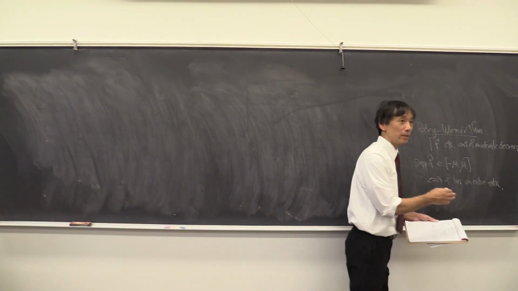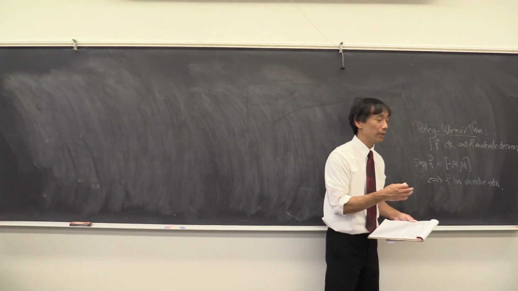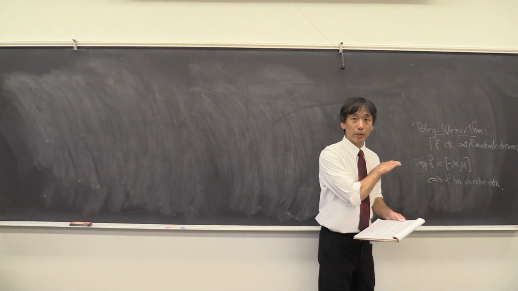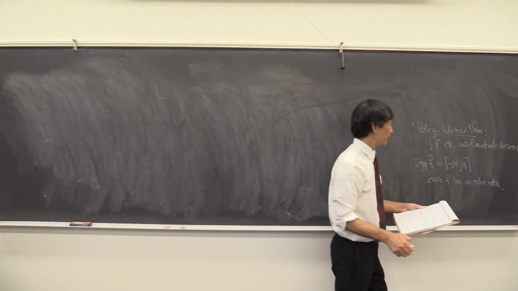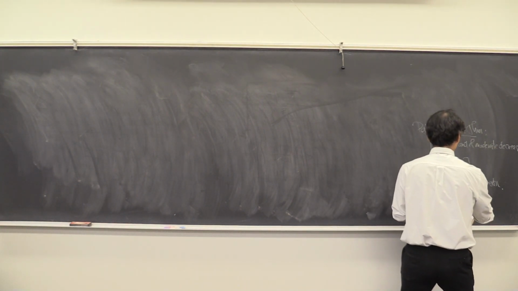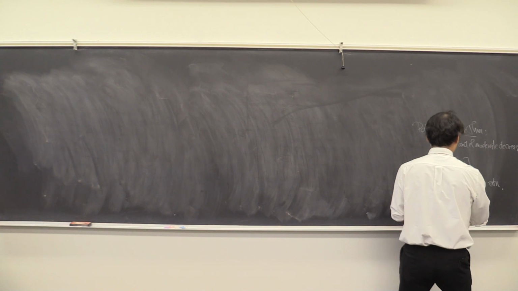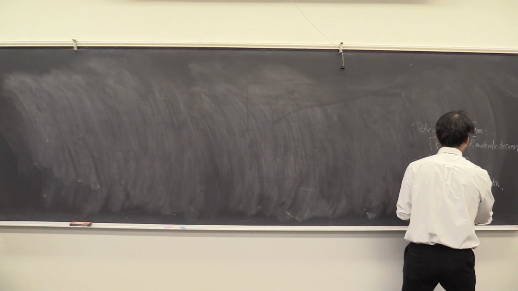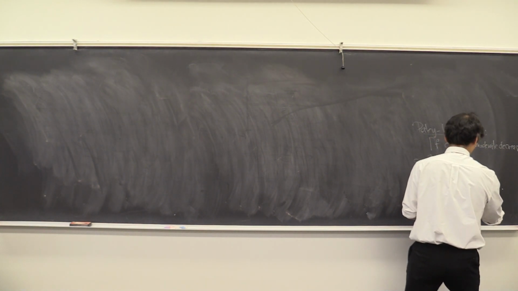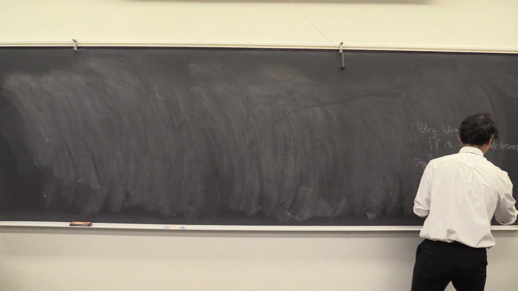It can be extended to the complex plane so that it's holomorphic in the whole plane. F has an entire extension that satisfies a certain growth condition that grows like this.